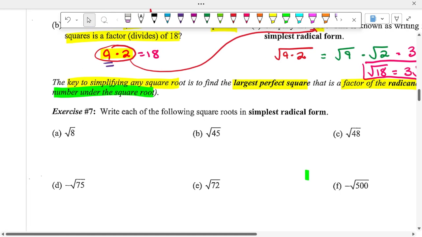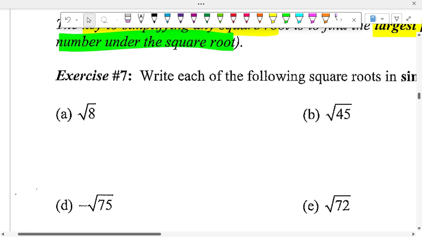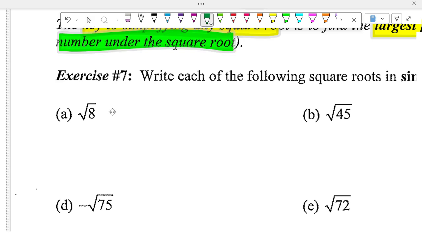All right, so let's try some more of these. So 8. Look at your list of perfect squares. What is the biggest perfect square that you think will divide into 8 evenly? 4. So 4 would be the perfect square. And 4 times what would give me 8? 2.